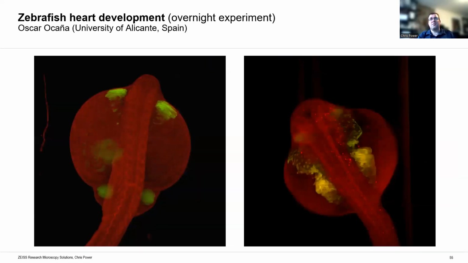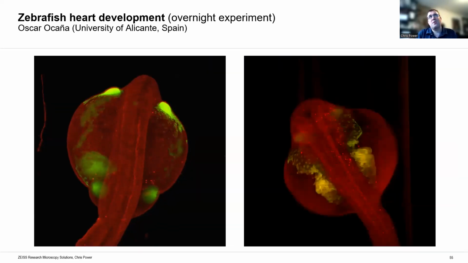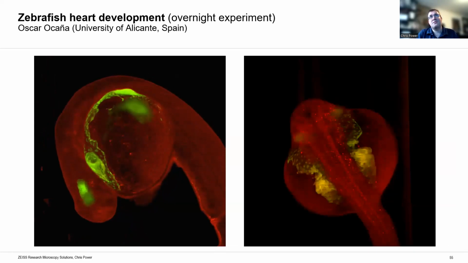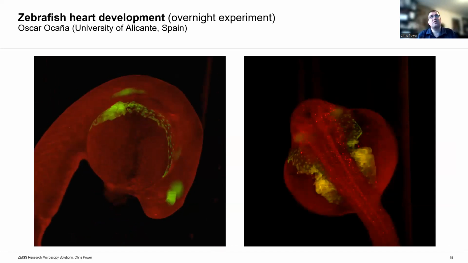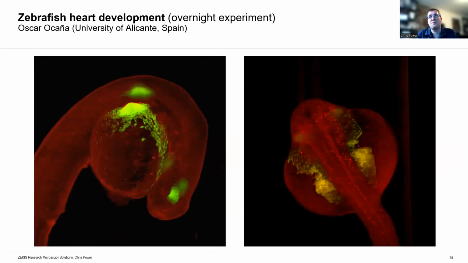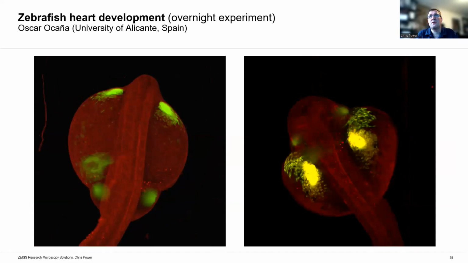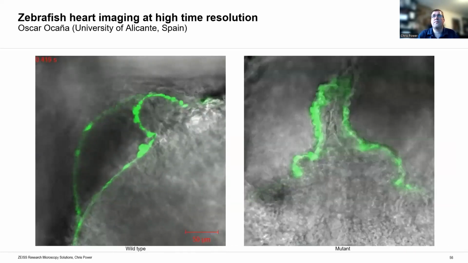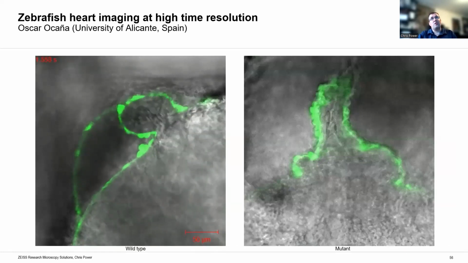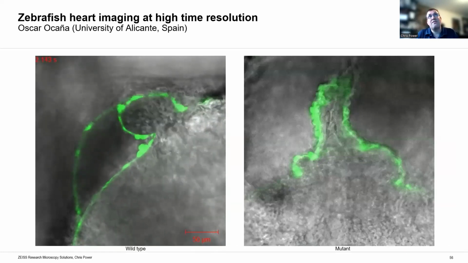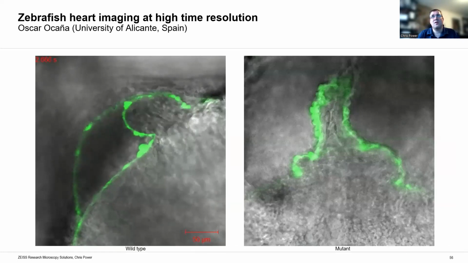Okay, so yeah, this was really how the Lightsheet originally came to market in 2012, and it was very popular for long-term time lapses such as those you see here. It's also worth remembering that you don't always have to do volumes. You can just look at a single plane if you want very quick dynamics. So here you see blood flow in a zebrafish heart.